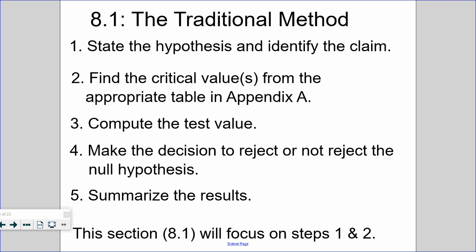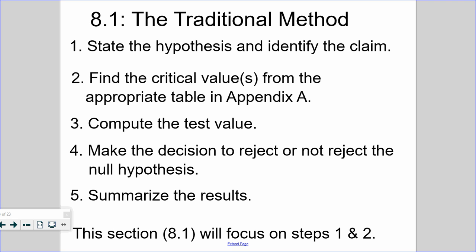So maybe I claim that our average is higher than the national average. Then we will find critical values from our appropriate table in Appendix A. So that means either the Z table or the T table. So we'll find our Z sub alpha or our T sub alpha over 2.